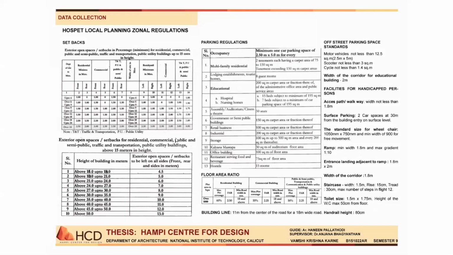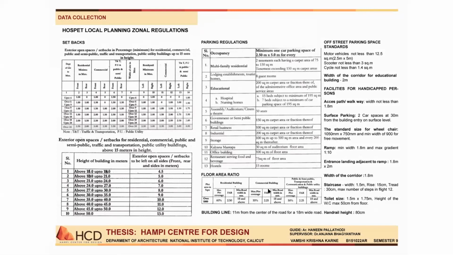Here, the Hampi Center for Design is located in Hospet. The data collected is regarding the zonal regulations, like the setbacks to be provided for the institute, the height of the building, the parking regulations and floor area ratios.